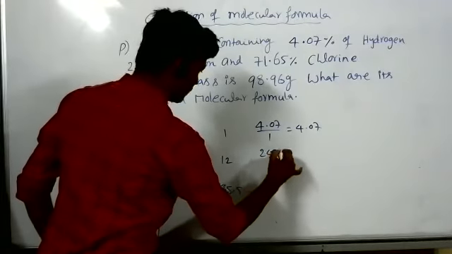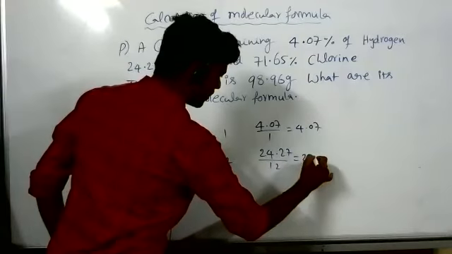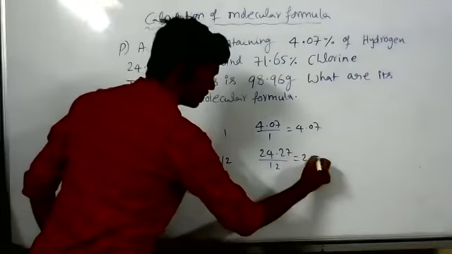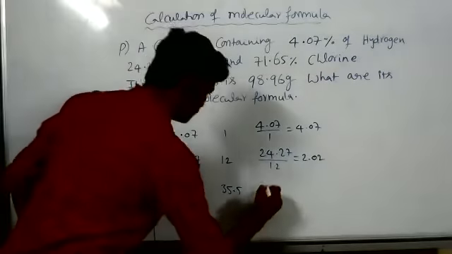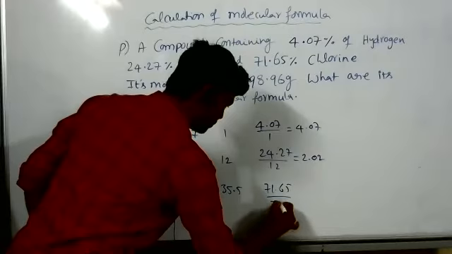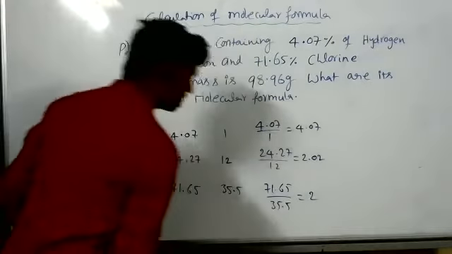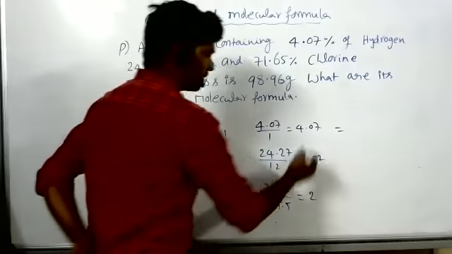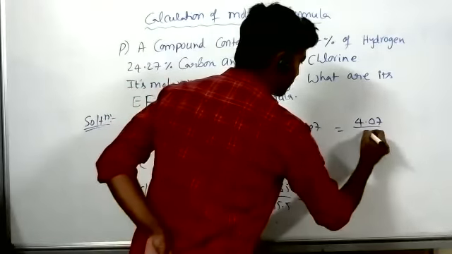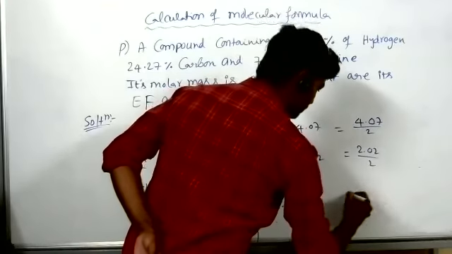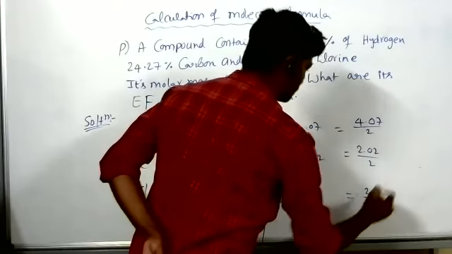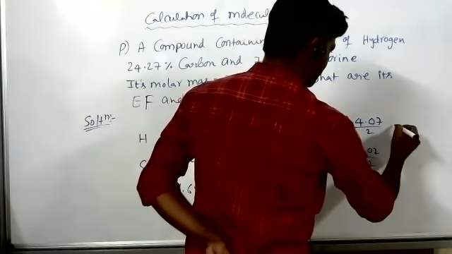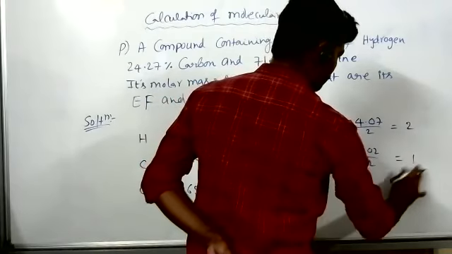This is 24.27 divided by 12, which is 2.02, almost 2. 71.65 divided by 35.5 is approximately 2. The smallest number is 2, you can take 2 or 2.02. So the ratio is 4.07 : 2.02 : 2.02, which gives 2, 1, 1.